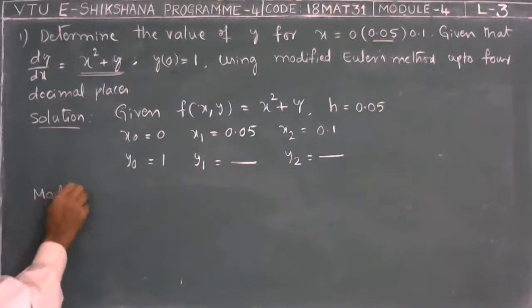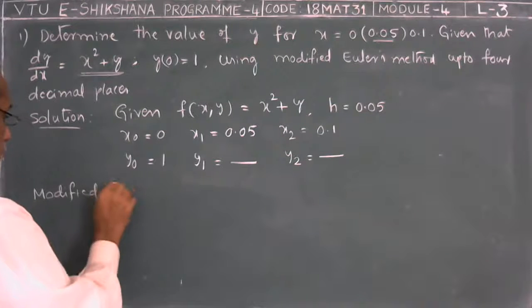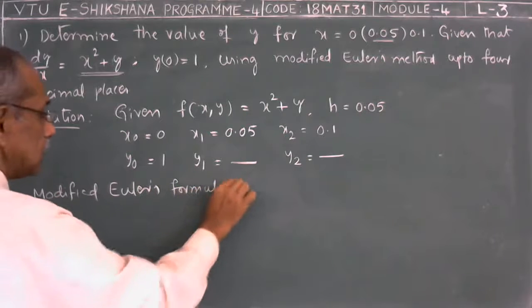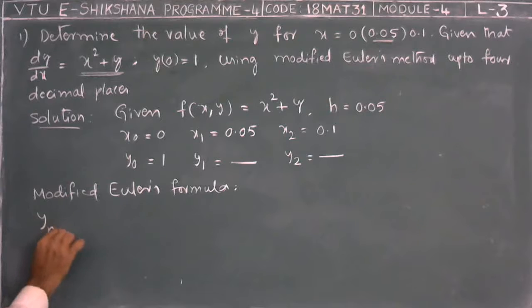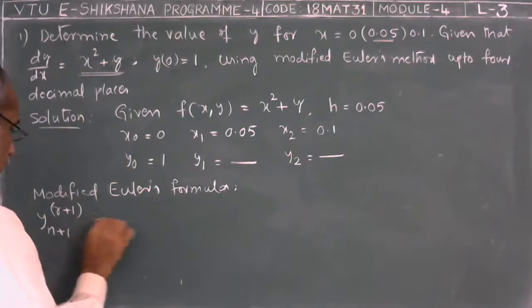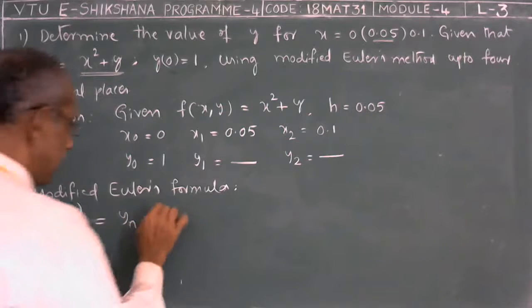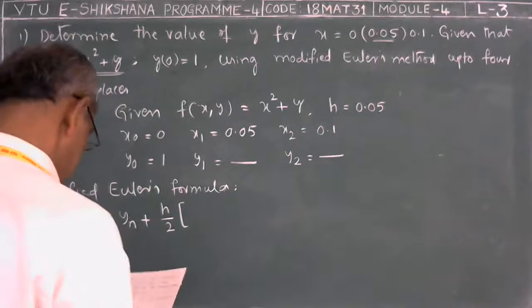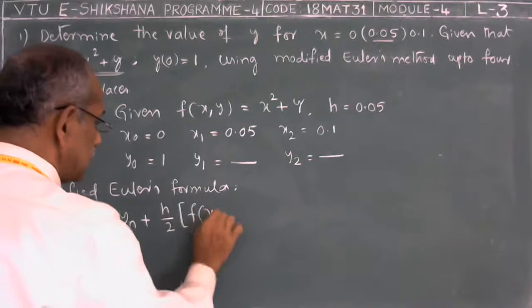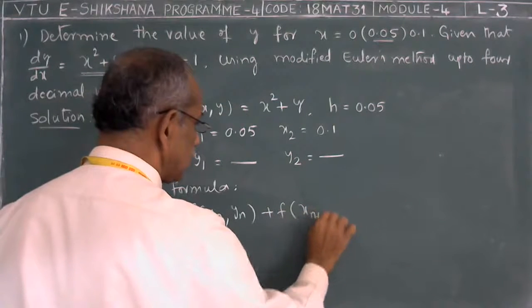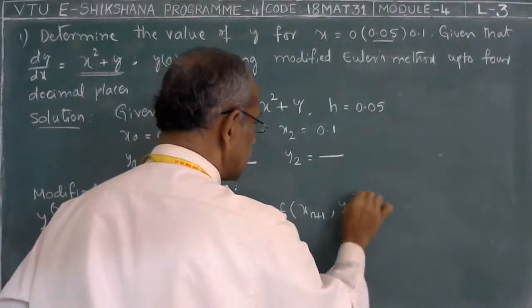Modified Euler's formula is y n plus 1 r plus 1, r plus 1, r for iteration, is equal to yn plus h divided by 2 into f of xn comma yn plus f of xn plus 1 comma yn plus 1 r.